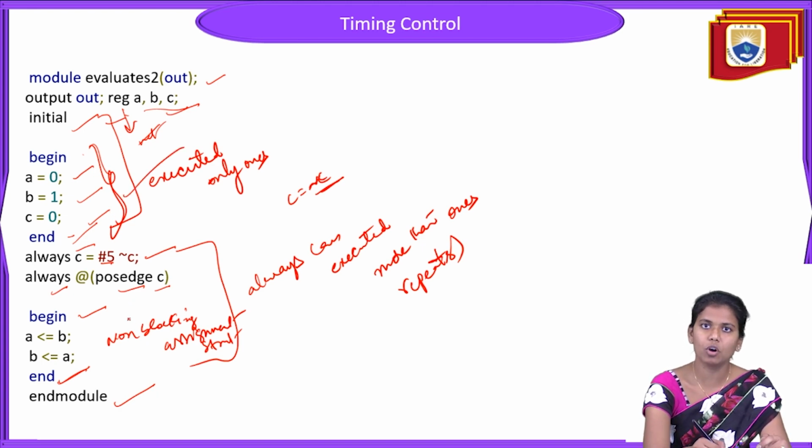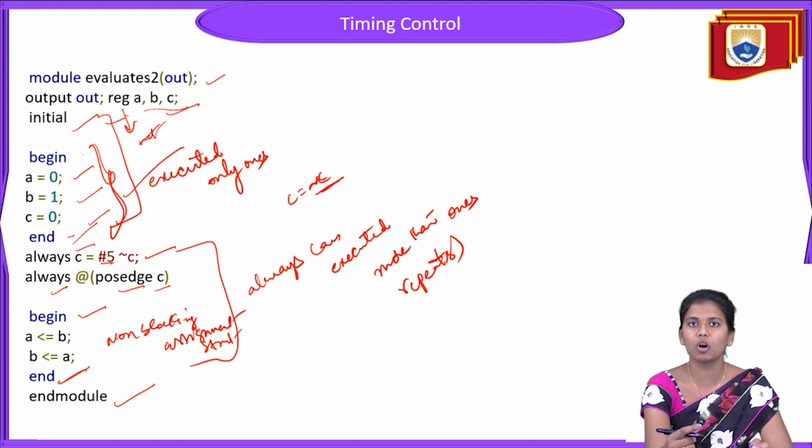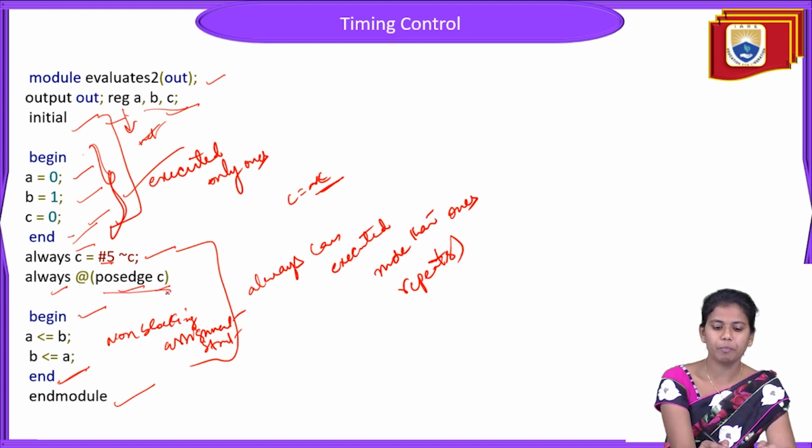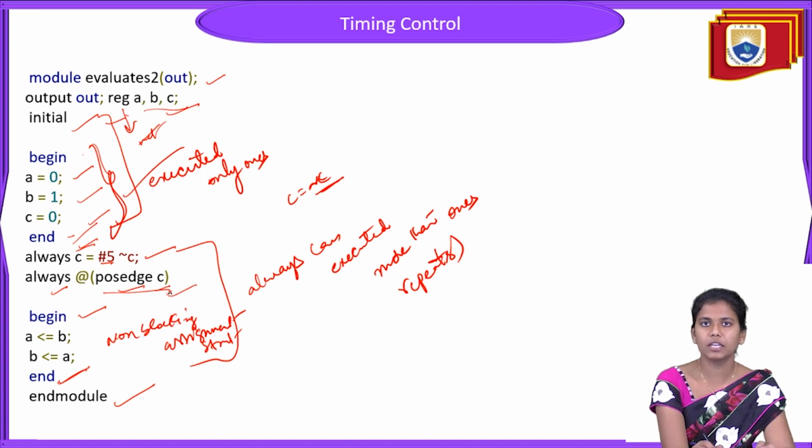Coming to the next one, the always statement. In the always statement, I am representing the non-blocking assignments with a positive edge of C. For the particular input C, I am representing the positive edge clock. Why? Because it is a non-blocking assignment, isn't it?